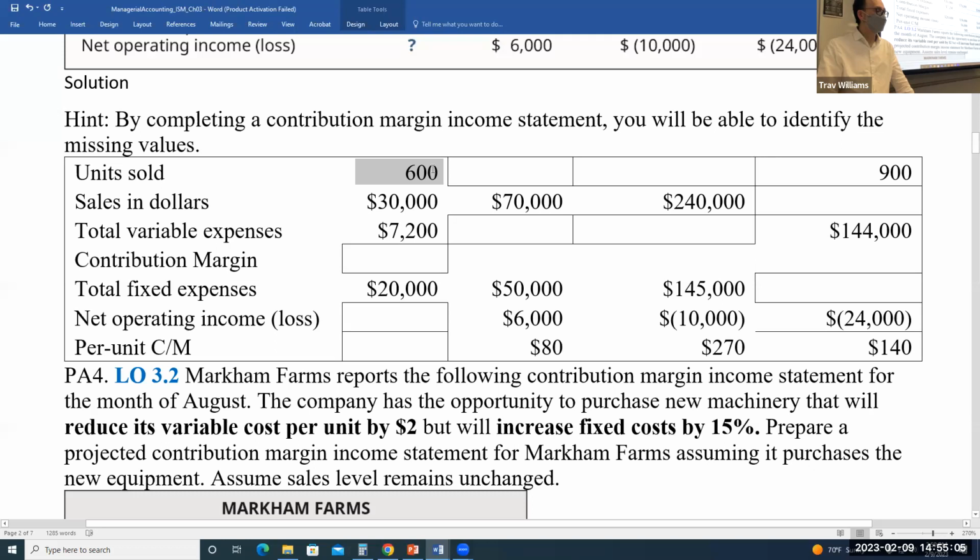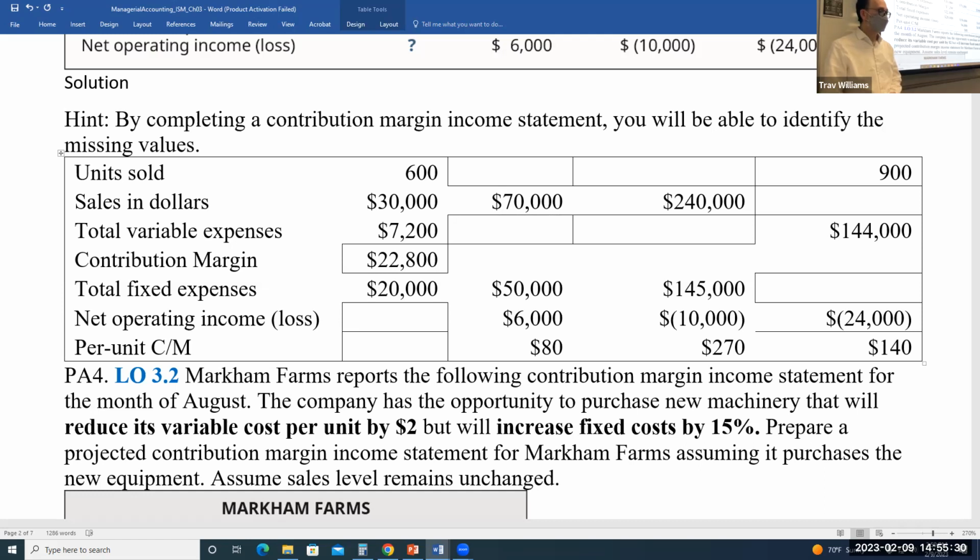Here we know we sold 600 units, brought in 30,000 in revenue. We see the variable costs. How do we get our contribution margin? Okay, so sales minus variable costs gives us, I think it's 22,800 contribution margin, right?